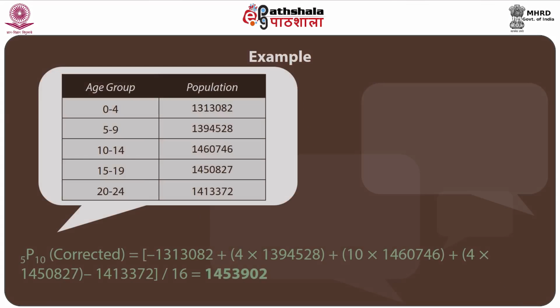Let us take an example where in this table, the population for 0 to 4, 5 to 9, 10 to 14, 15 to 19 and 20 to 24 is given.